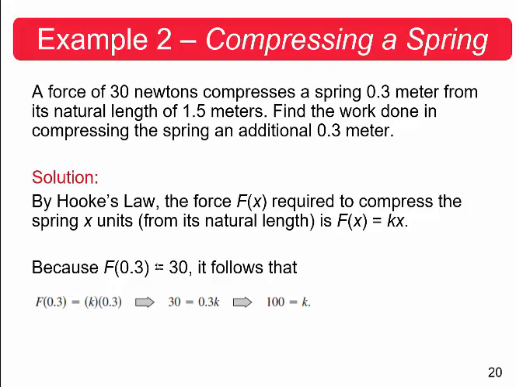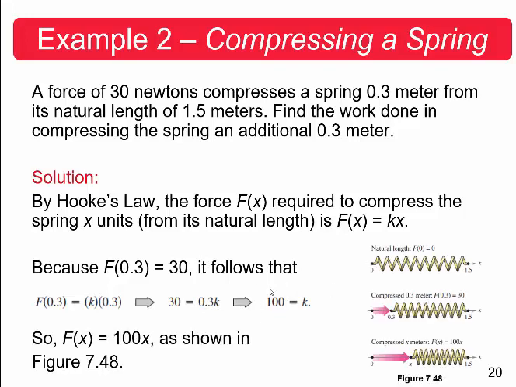So it follows that 30 must be equal to 0.3 times k, because I'm changing the distance. I'm solving here for that constant k. If I divide by 0.3, the constant of proportionality for the spring, k, is equal to 100. So the force function f(x) is equal to 100x.